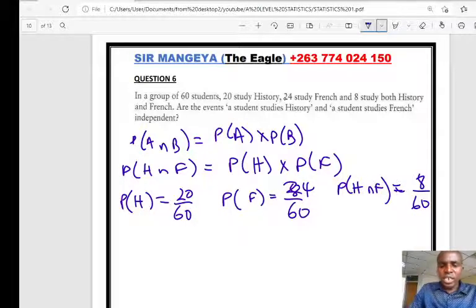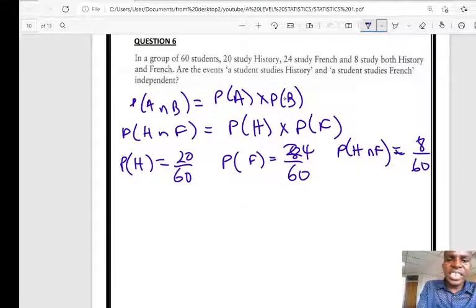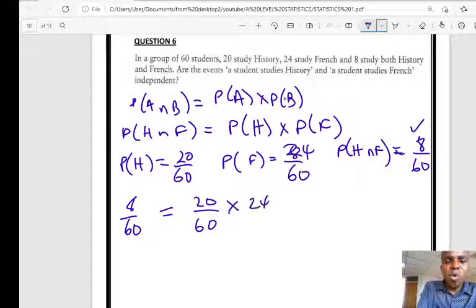We have to calculate the probability of H intersection F, which is this one, 8 over 60. So 8 over 60 must be the same as 20 over 60 times 24 over 60. So they must be the same. The probability of H intersection F must be the same as the probability of H times the probability of F. Then let's simplify.